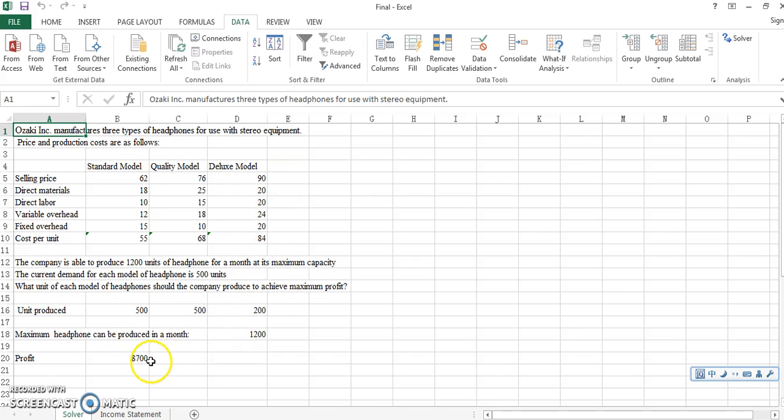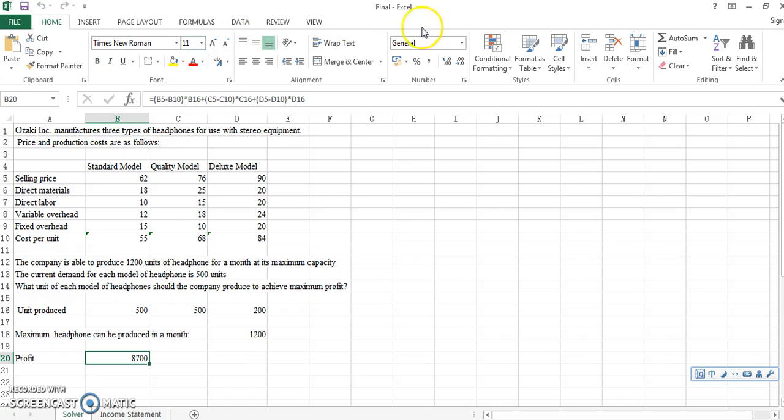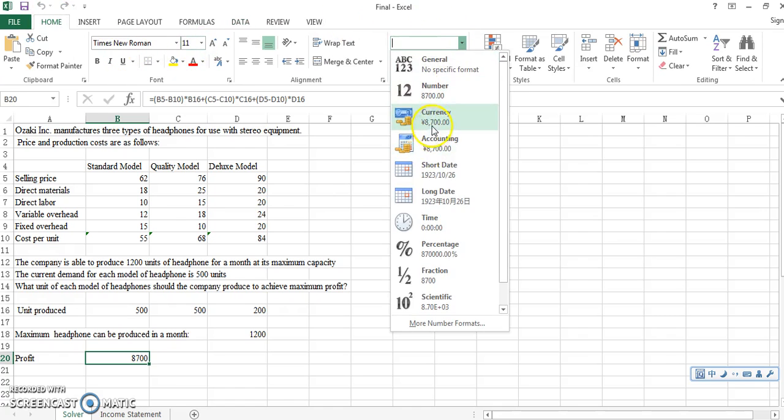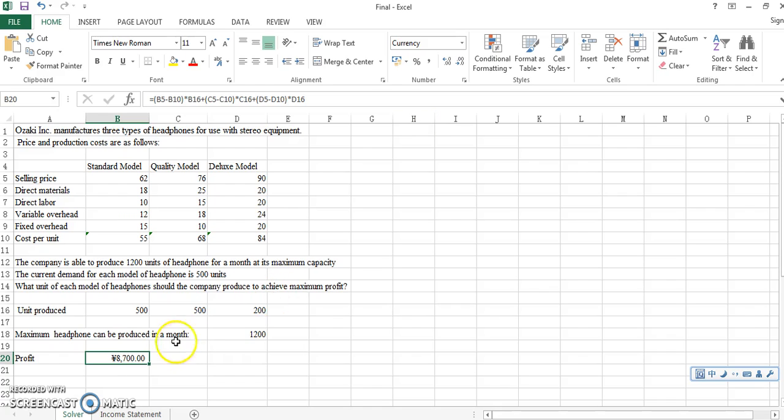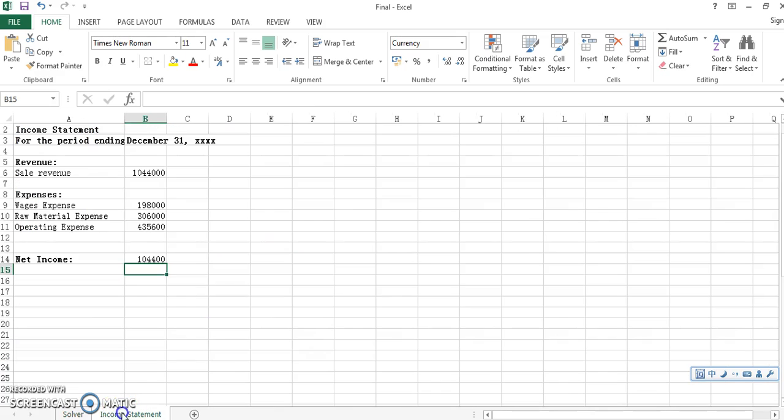So the company will be able to generate $8,700 per month at its maximum capacity. And I use the data here to make an income statement.